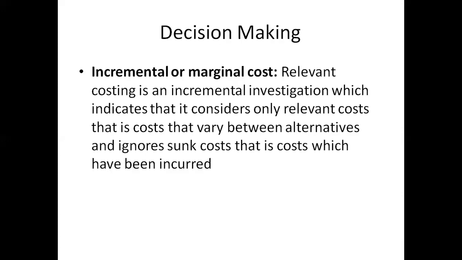That means it considers only direct costs and not indirect costs, and these costs vary between alternatives and ignores sunk costs. The marginal cost totally ignores sunk costs, costs that have been incurred otherwise. It only deals with costs that are directly related to the product, and it ignores costs that are not directly related to the product.